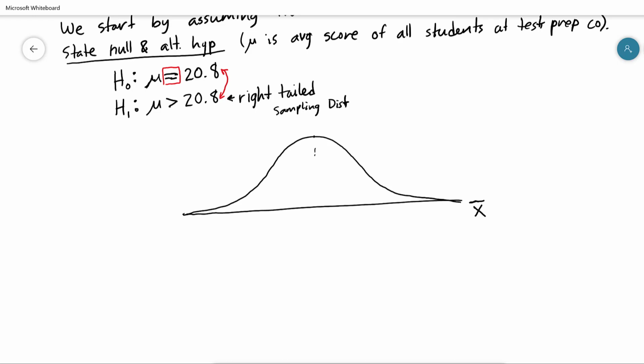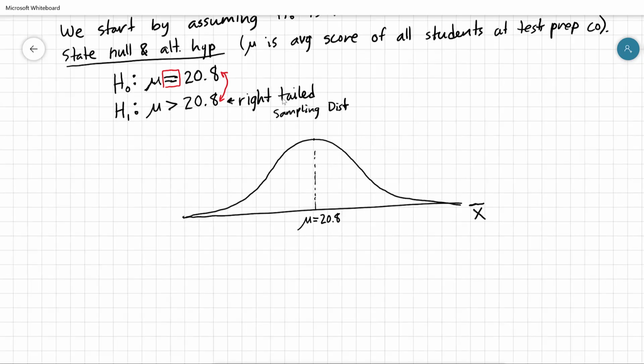And under the assumption that the null hypothesis is true, the average score is 20.8. So we're assuming this is true. And by assuming this is true, that the mean score of all students at the test prep company, that value of mu, is 20.8, that puts it at the center of our sampling distribution.